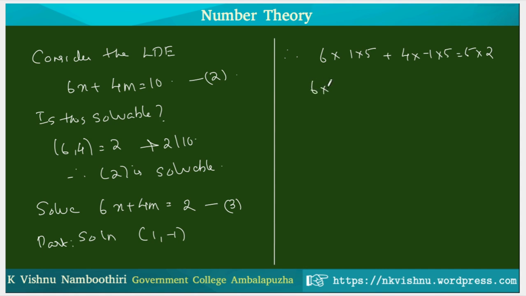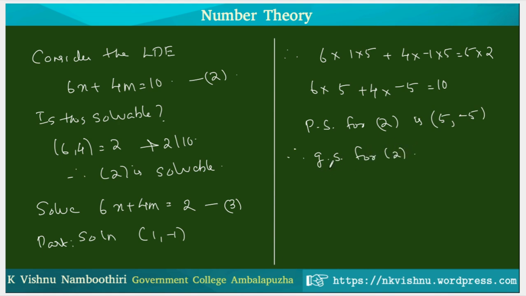That is 6 into 5 plus 4 into minus 5 is equal to 10. So a particular solution for 2 is (5, minus 5).